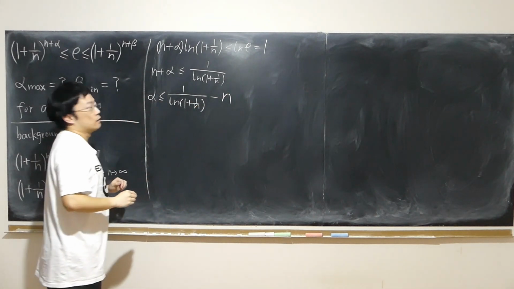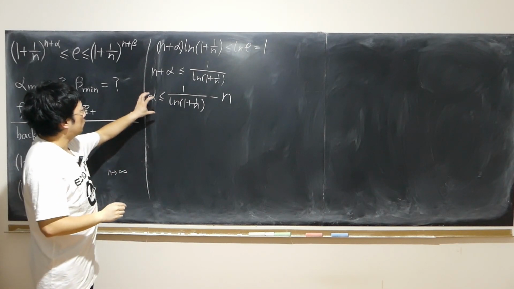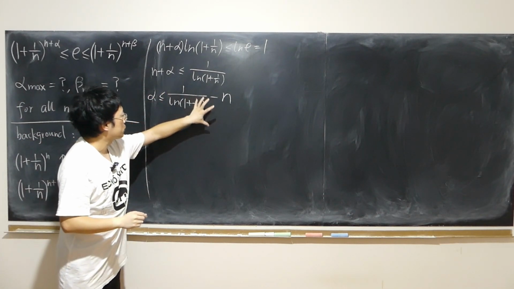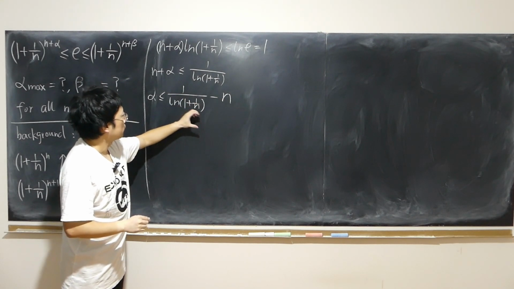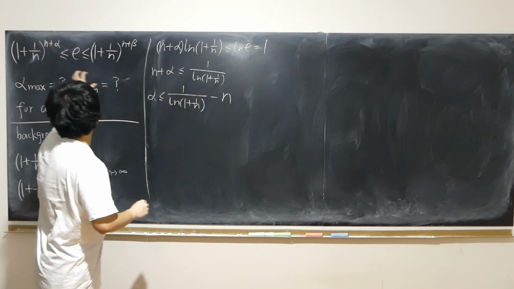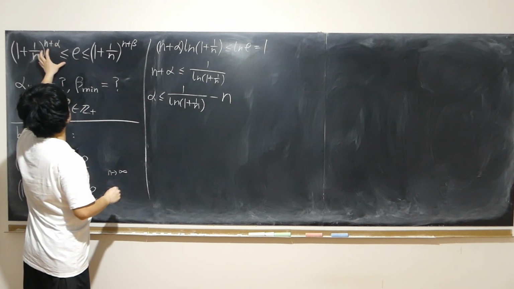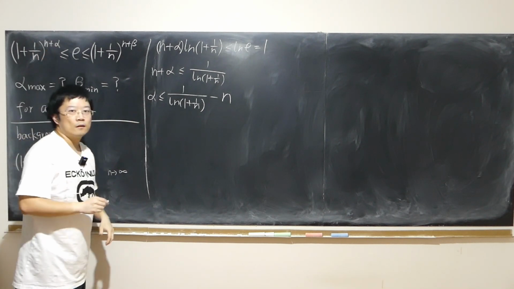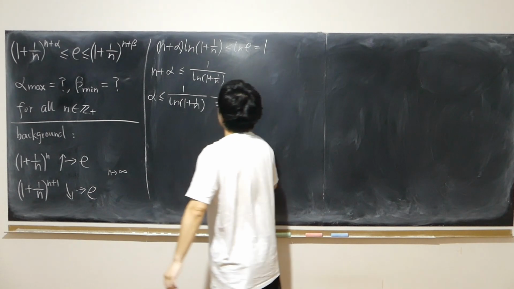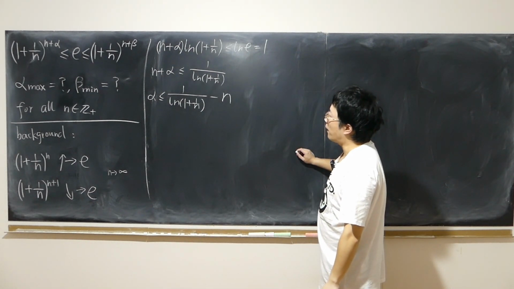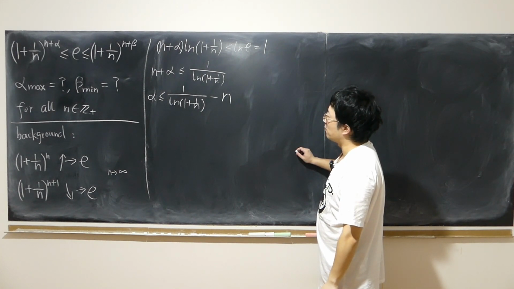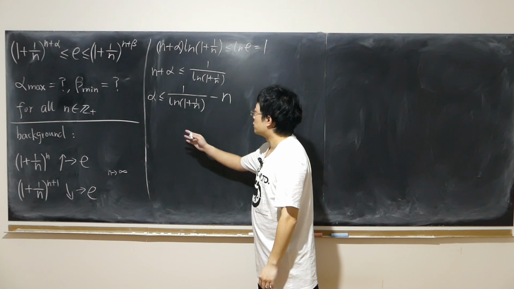So as long as alpha is less than or equal to this expression for all positive integer of n, then I can make sure this inequality is always true. Right? So to find out the maximum possible value of alpha that makes this inequality true.